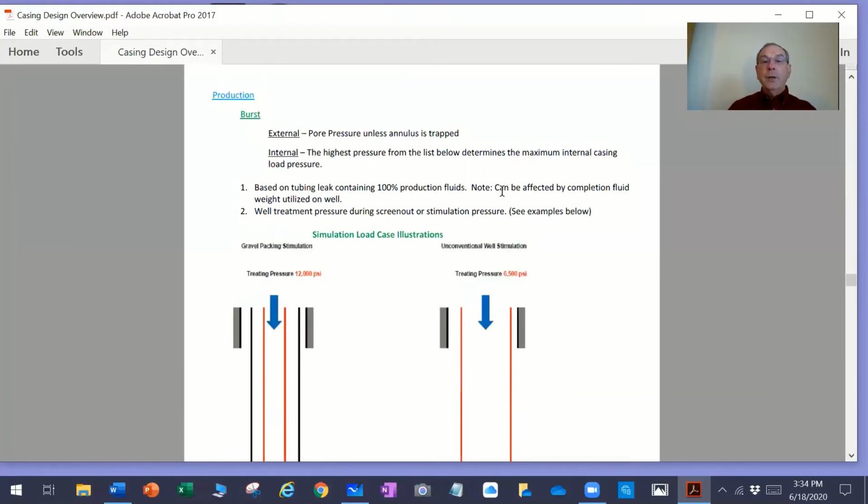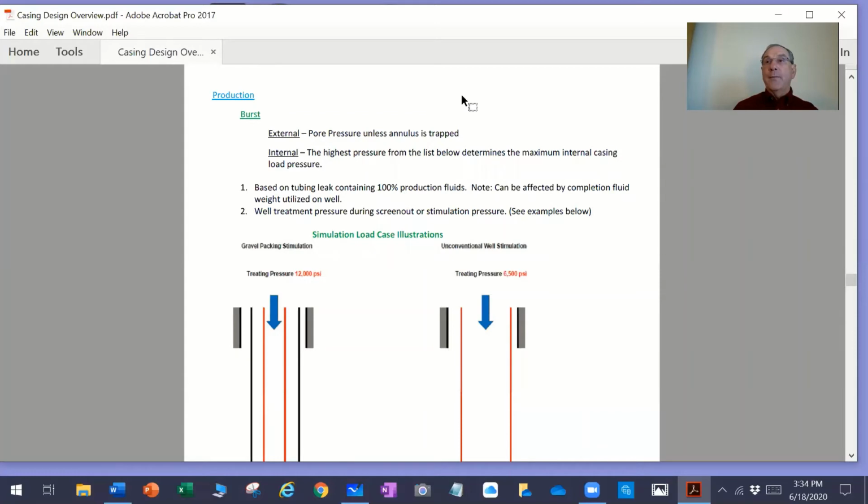Now, the production case is very straightforward and fairly easy. So we're looking at a production case, and then we're also looking at the burst case. The external pressure is still going to be the pore pressure unless it's a trapped annulus. So it's always going to be the pore pressure on the outside unless it's a trapped annulus, and then you would use mud weight.